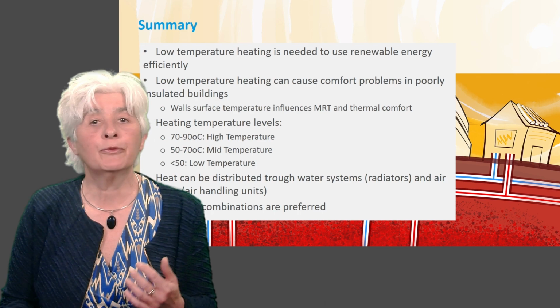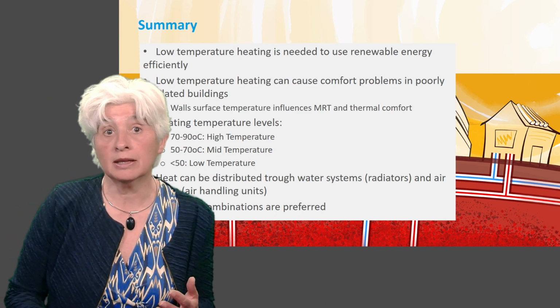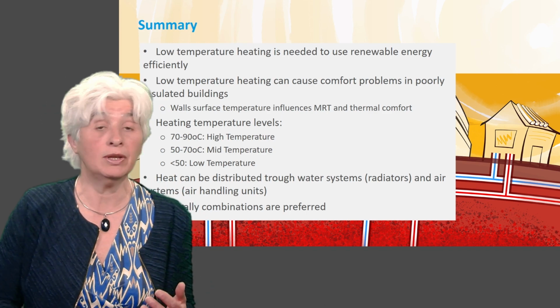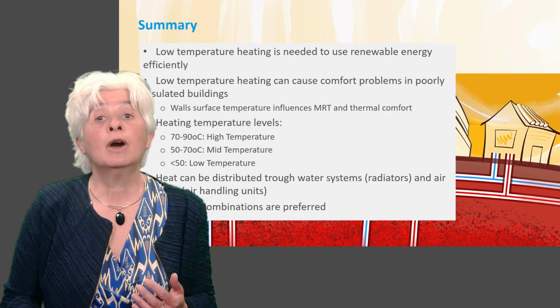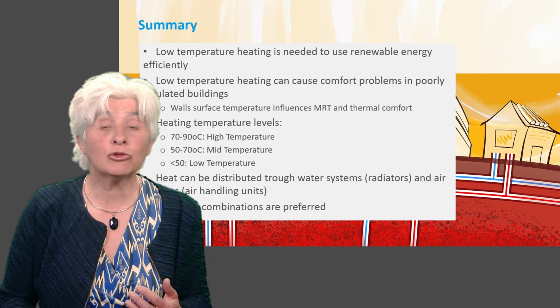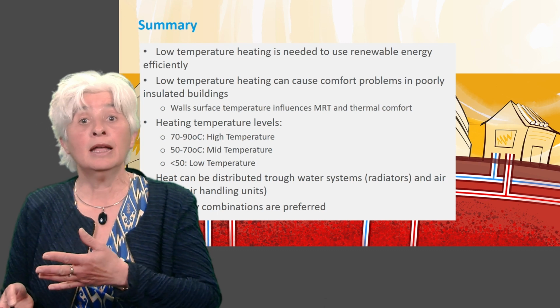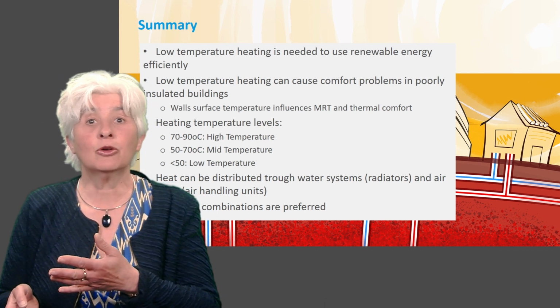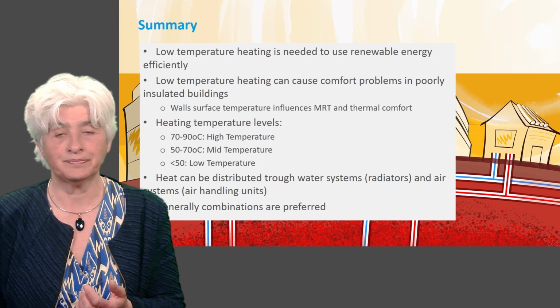You are aware of the different temperature levels at which heat can be supplied: 70-90 for high temperature, 50-70 for mid temperature, below 50 for low temperature. You are also aware that heat can be distributed through water systems and through air systems, and that both are generally combined, especially in non-residential buildings.